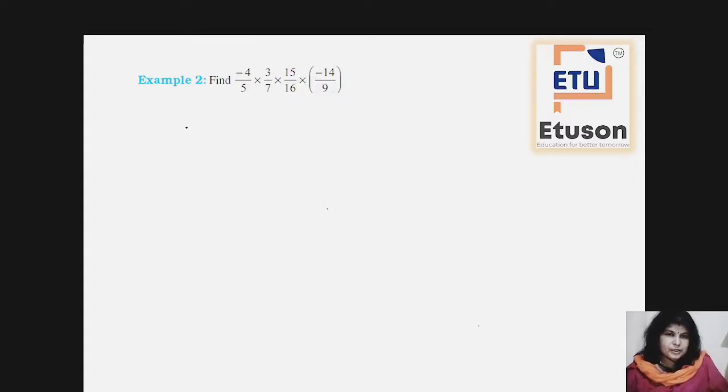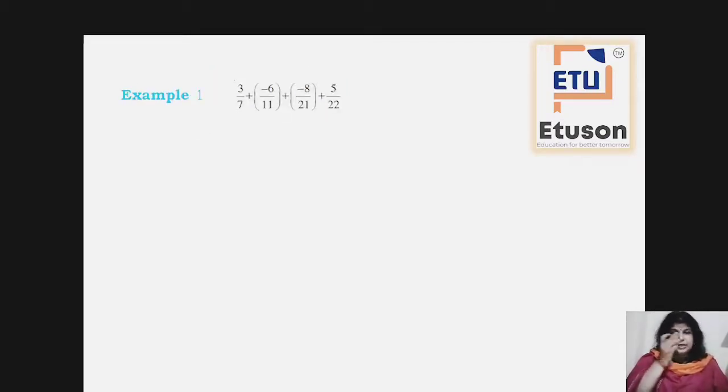Okay, so first we'll do the addition, then we'll go for the multiplication, correct? So this was our first problem: 3/7 plus (-6/11) plus (-8/21) plus 5/22. A common way, how will you do it? You will find the LCM of 7, 11, 21, 22 and take that as the common denominator.